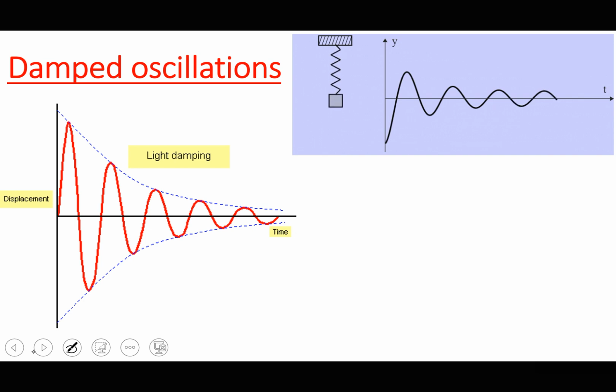So we defined damping earlier on, or damped oscillations, as oscillations which occur with a decrease in amplitude due to dissipative forces such as friction or air resistance, which make the system lose its energy.